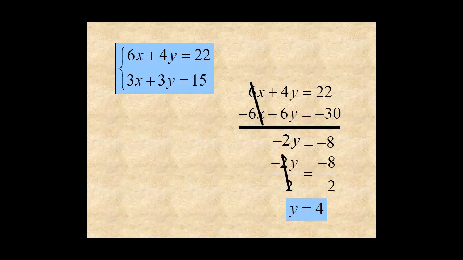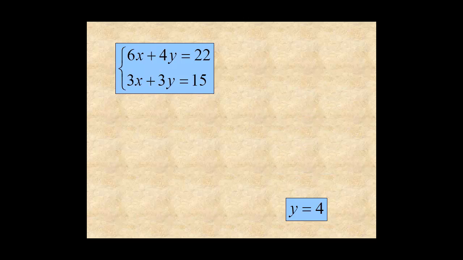To find x, you can use either of the original two equations. So use the second equation, since the coefficients are smaller. Substitute y equals 4. Then 3 times 4 is 12.